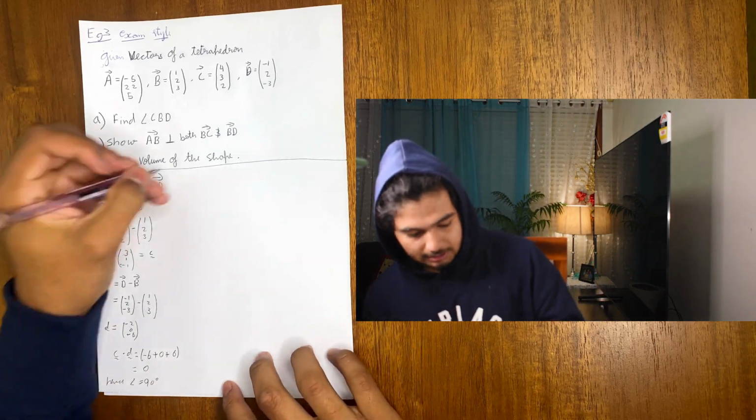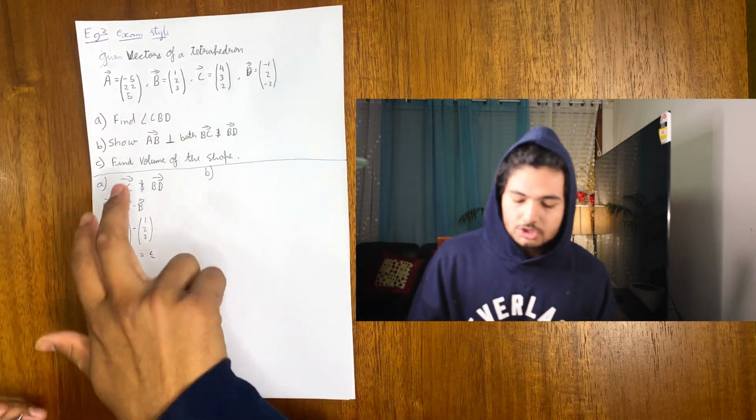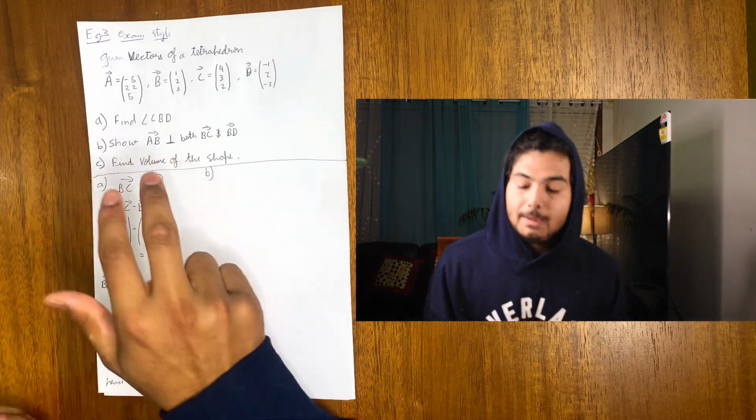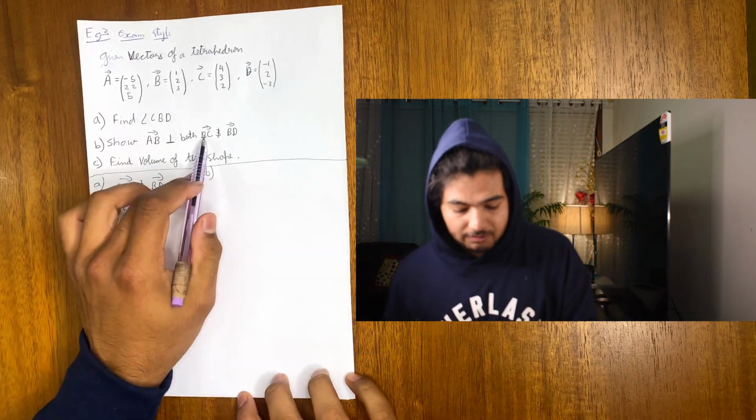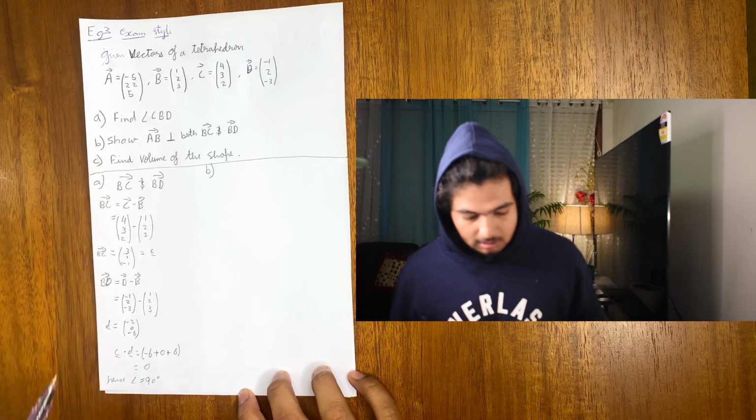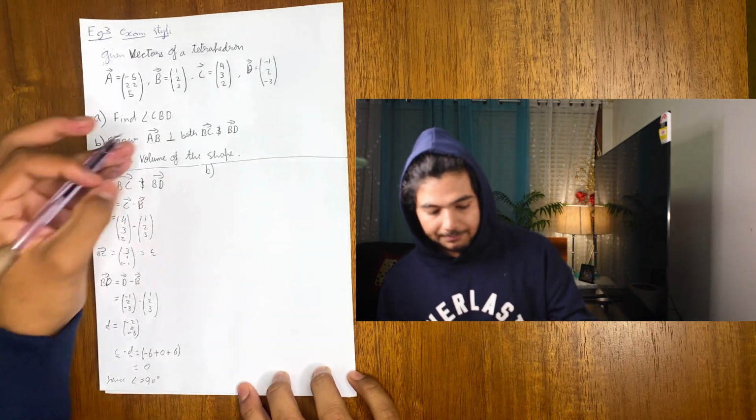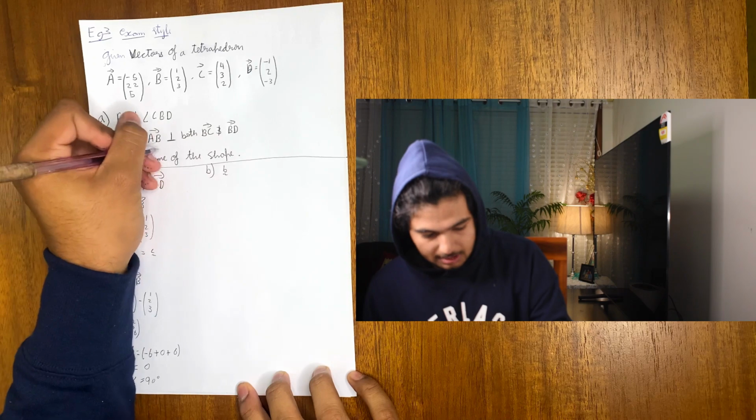Now we go on to B. Show AB is perpendicular to both BC and BD. We have already figured out what BC and BD are from over here. Let's denote lowercase b as vector AB.